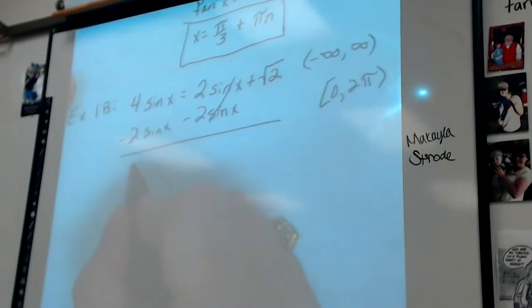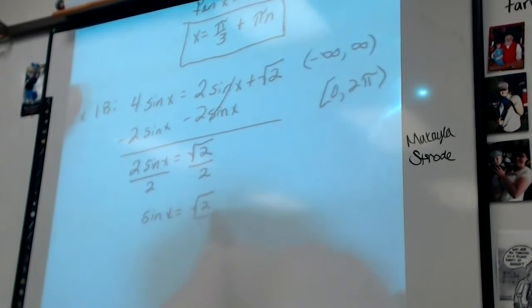So we have 2 sine x equals the square root of 2. Now what would you do just to get sine x? We got 2 times sine x, so divide by 2. It'd be like if we had 2x, you'd divide by 2. So sine x equals the square root of 2 over 2.